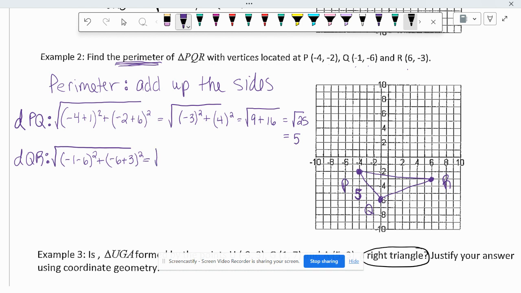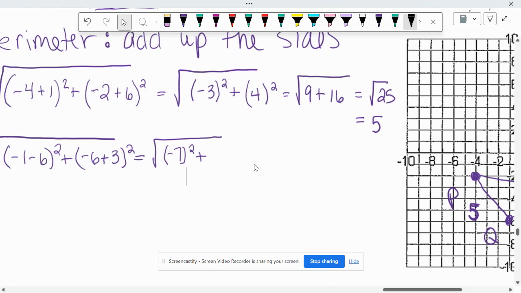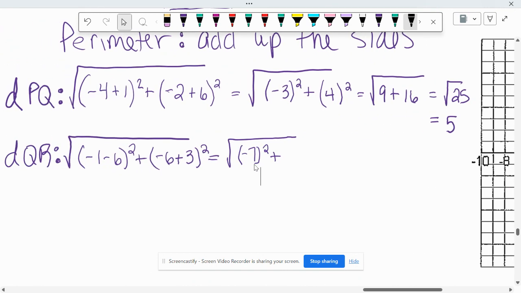So let's see. What is -1 minus 6? Pick up your pencil. Come on, let's go. -7, quantity squared. What is negative 6 plus 3? Negative 3, the quantity squared. What is negative 7 when I square it? Positive 49. What is negative 3 when I square it?